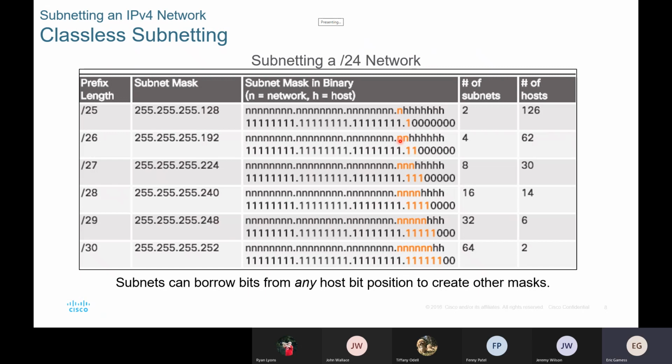Now, if I ask you how many IP addresses in total we will have in each subnet, how do we compute that? I look at the host part. Each H gives me 2 possibilities, times 2, times 2, times 2, times 2, times 2, so it will be 2 to the power of 6, and 2 to the power of 6 is 64.